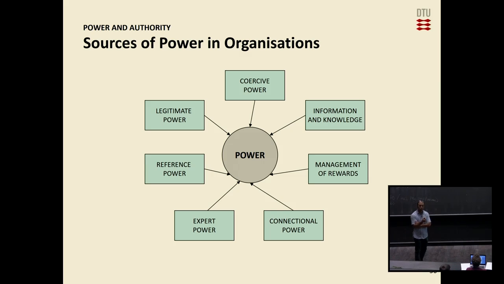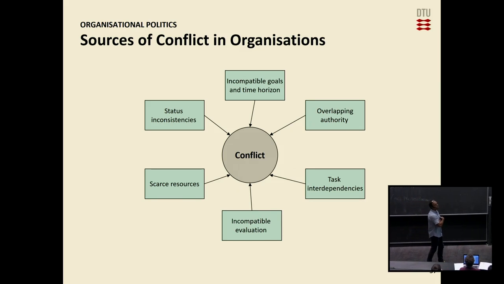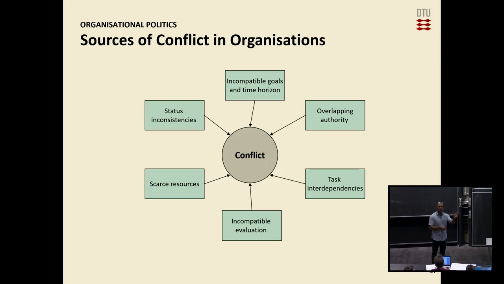But there's also sources of conflict, which are quite interesting. We have incompatible goals and time horizons. There's an example here recently about the exam. We have the student administration, and we have us. There's a conflict, and that's basically because we have different goals. We just want to execute the exam.